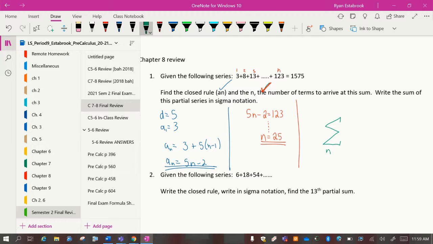Sigma n equals 1, because we're adding the first term, all the way up to the 25th term of 5n minus 2. And that's equal to the 1,575 that we were given.